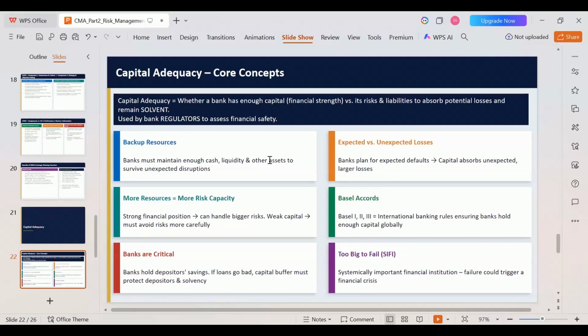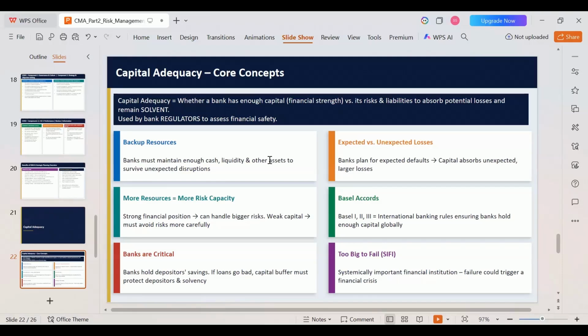To remain solvent means having the ability to repay long-term debts and still have sufficient funds. That is capital adequacy. Now, in order to ensure this capital adequacy, there are some steps that banks will have to follow. The first step is backup resources. In terms of unexpected disruptions, what is the backup plan for the banks?